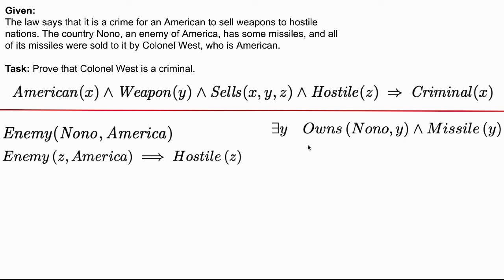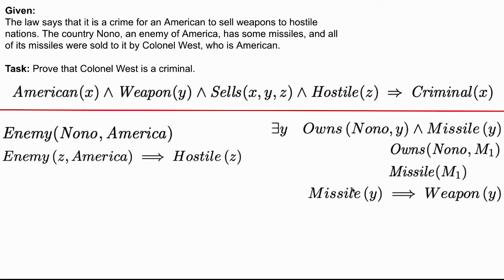Now here we can see how to use the generalized version of the inference rule that we just saw: you can replace this Y by some symbol M1, which is not a part of your knowledge base. So M1 is a missile and M1 is owned by Nono.